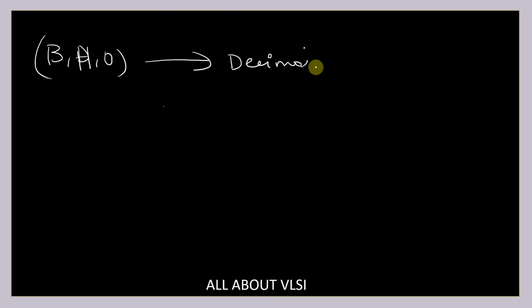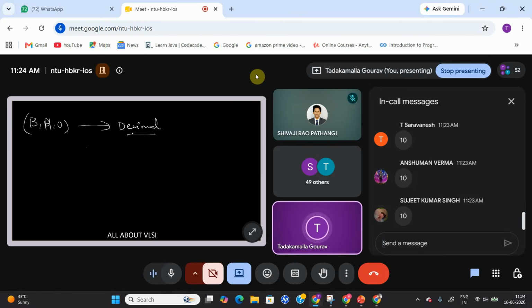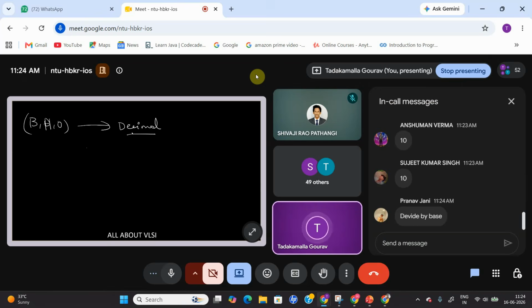What is the process we need to follow if I want to convert binary, hexadecimal, or octal into decimal? It may be any number. Multiply it by weight. Exactly. So you should basically add the weights of each and every particular digit.